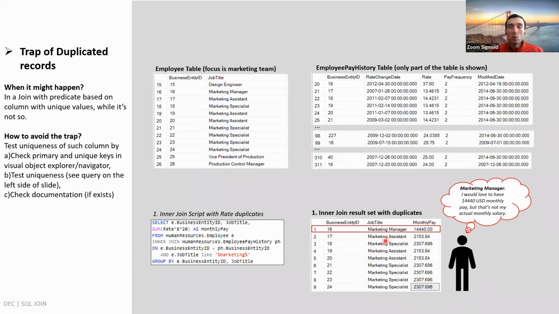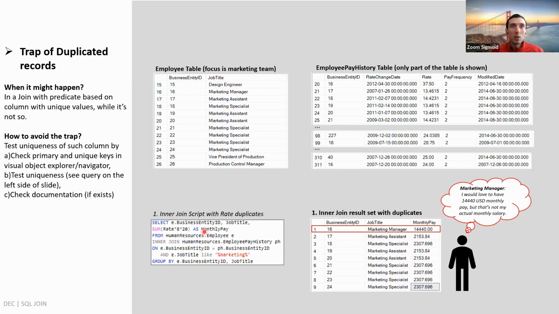In that case, you have just to select the marketing team from this table and then join with the pay history table and calculate the monthly pay, which is this rate multiplied by 8 because it's per hour, and then multiplied by 20 working days per month. That's an approximate number, 20. I assume that we would have on average 20 working days per month. So we have to calculate this and provide this information to our marketing manager.